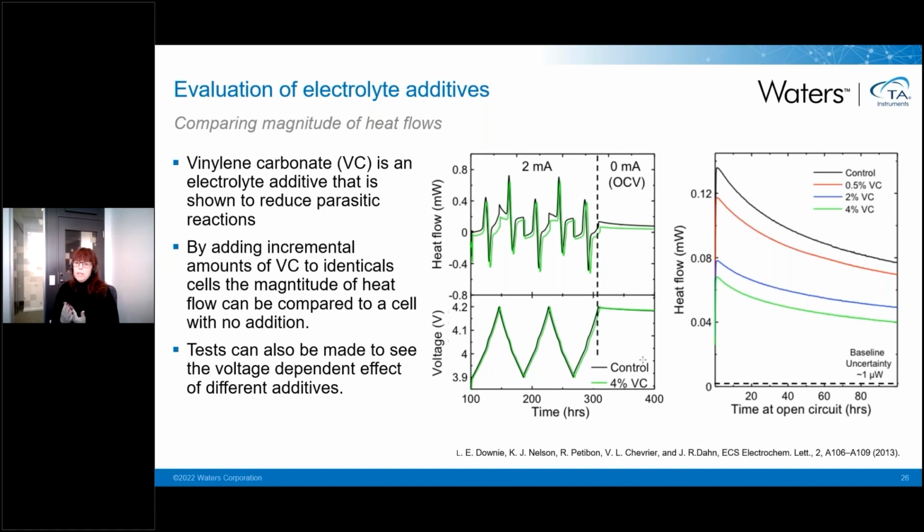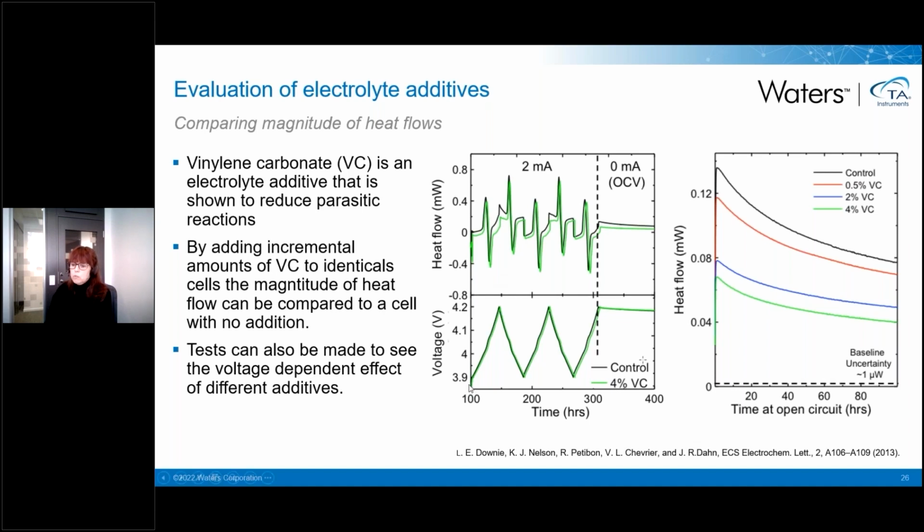So you can evaluate the effect of adding different additives to minimize the parasitic reactions, as in this example where vinylene carbonate is added, in increasing amounts, and we can then compare, if everything else is equal with the batteries, the magnitude of the heat flow during the charge-discharge cycles.